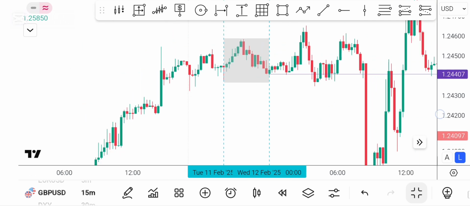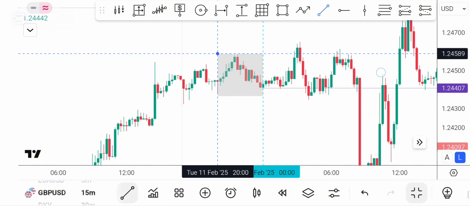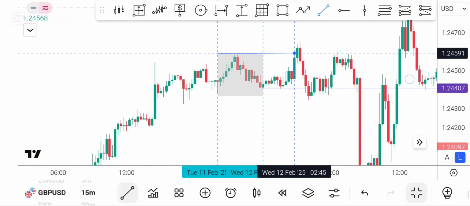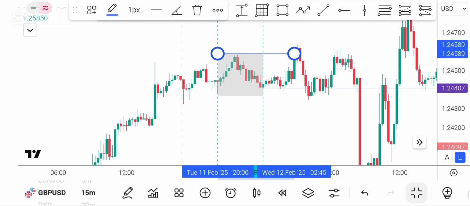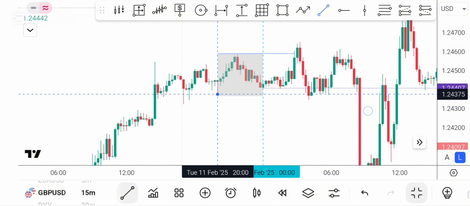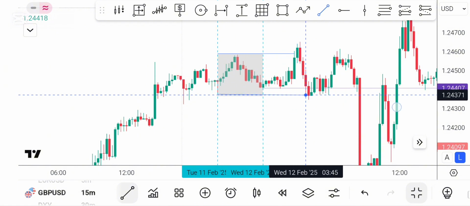Always make sure that you do your labels. Over here, you have to label it as your Asian highs, buy side liquidity. Always make sure that you label it, please. And then right down here, you are going to label it your Asian lows, sell side liquidity, the lows that was formed during Asia, like so. You can do this as well so that your work will look clean.